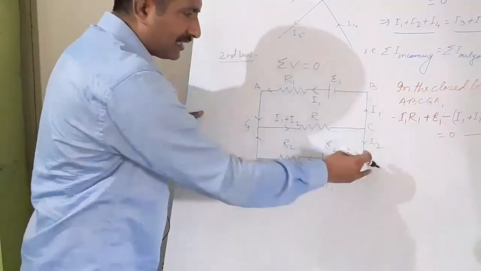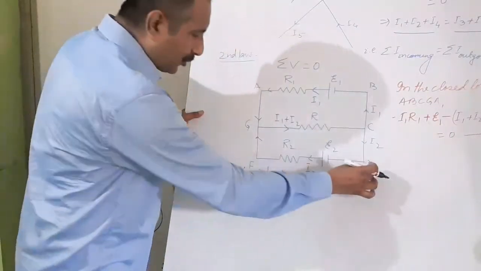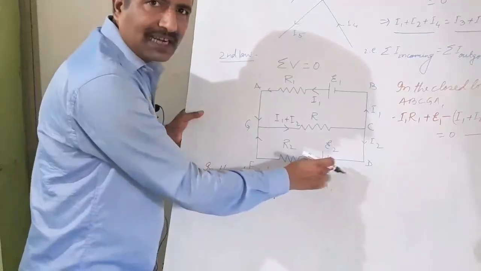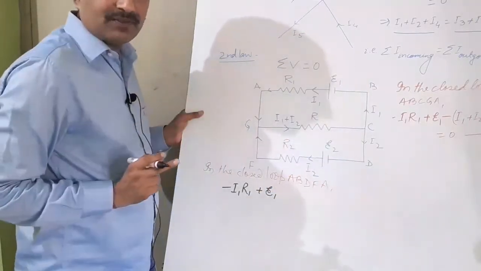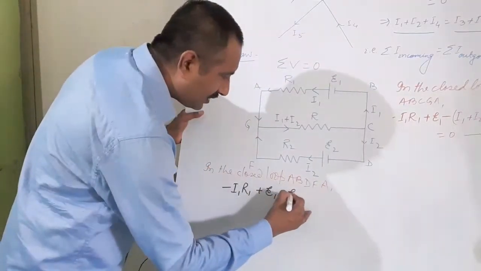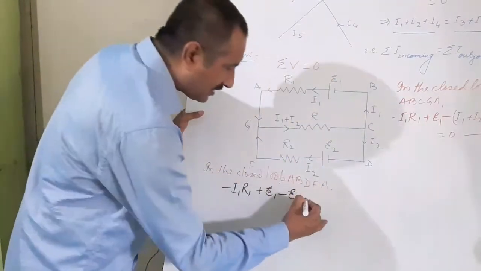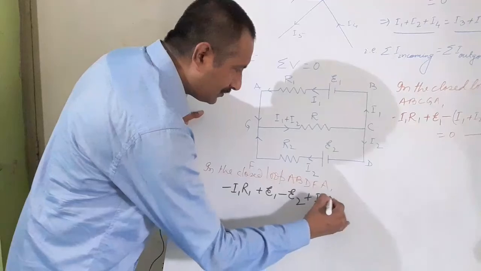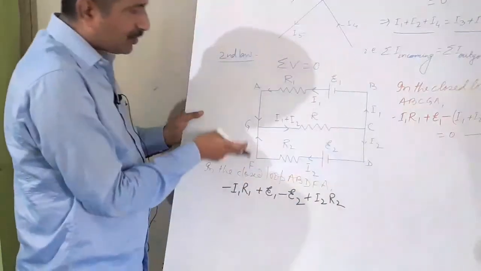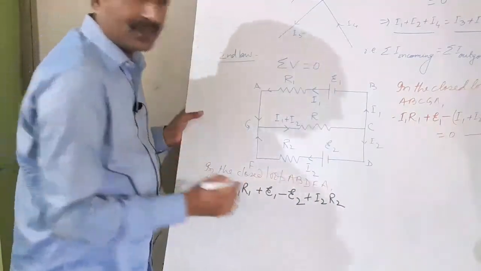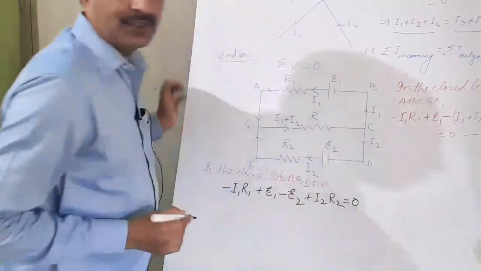There is no potential difference across BD. From D to F, negative terminal to positive terminal of the cell, so minus E2. Along the direction of current, plus I2 R2. There is no potential difference across FA, so this is equal to 0.